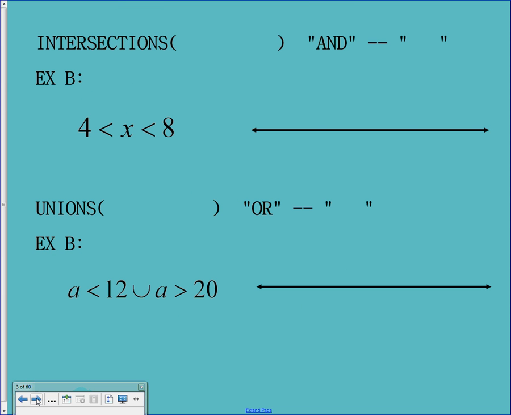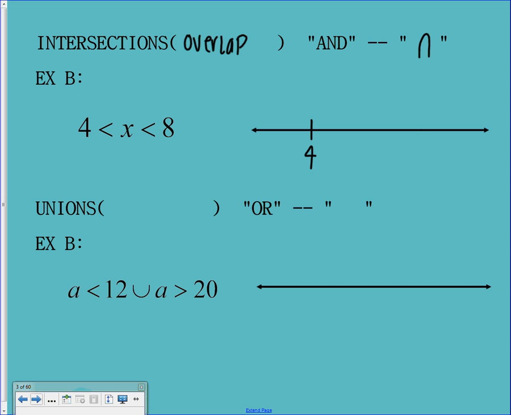We also are going to look at intersections. Intersection is going to be the overlap between two separate inequalities, and it's kind of considered the "and." The symbol is the upside down U or the N looking symbol. Or it can be written like this one is, where it just says x is between 4 and 8.